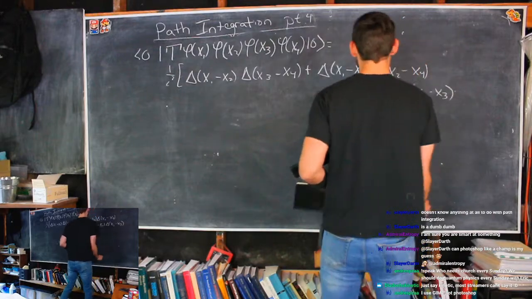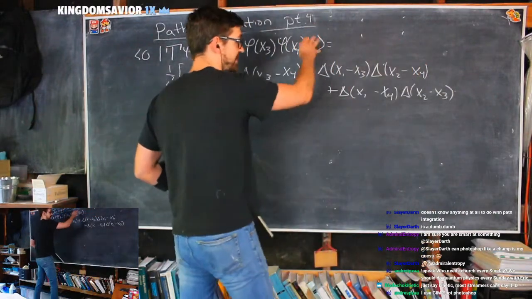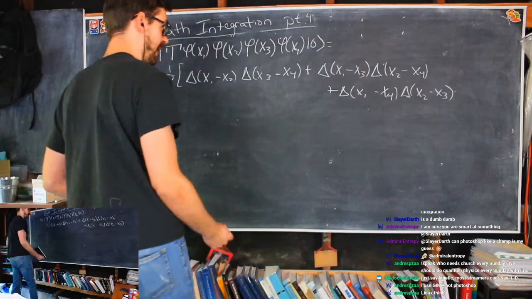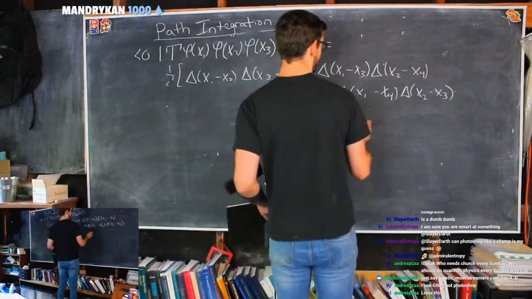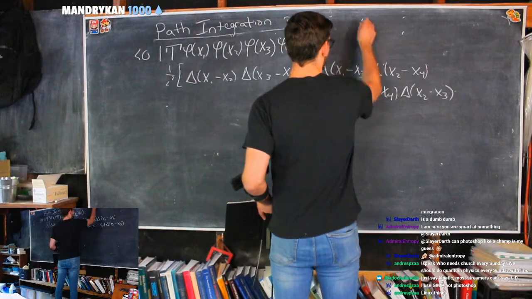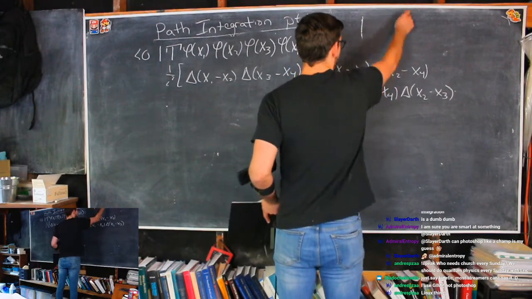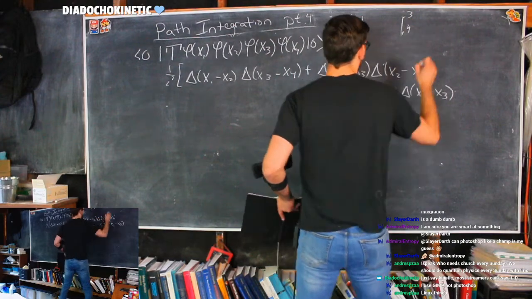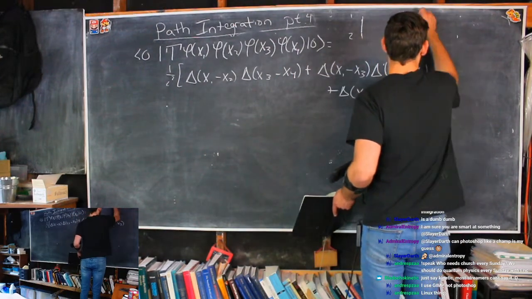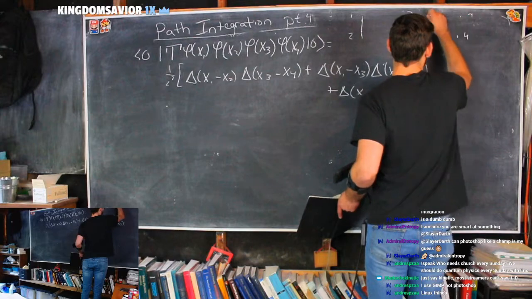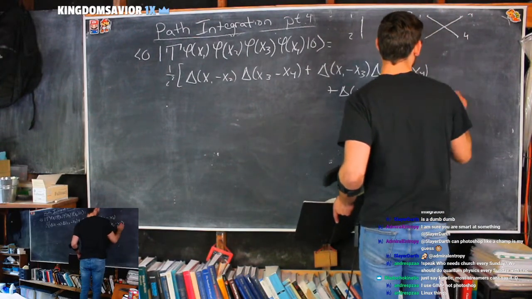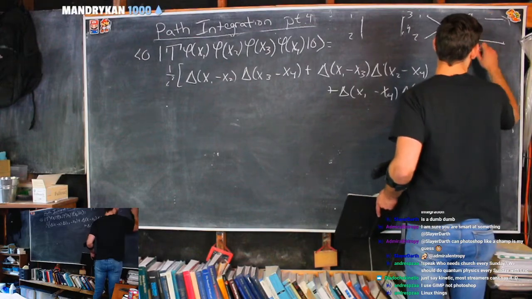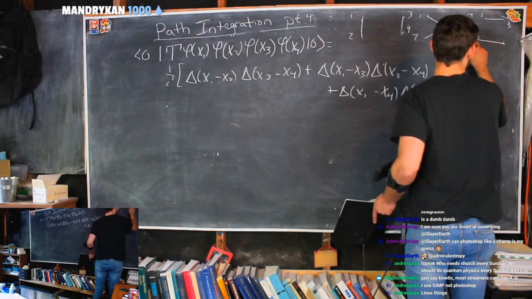Now, what does this mean with our graph? Well, if we have 2 particles in and 2 particles out, then there's only a few configurations we can think about. It's going to be all of the pairs. We can go from 1 to 2 and 3 to 4, so we'll say 1, 2, 3, 4. We could go from 1 to 4 and 2 to 3. And lastly, we can do 1 to 3 and 2 to 4.